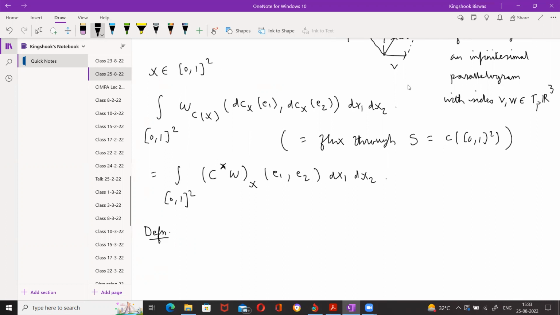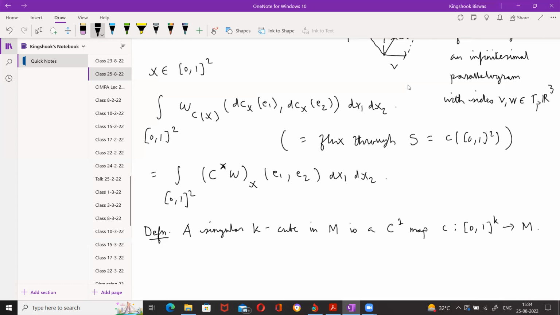A C1 curve is a C1 map from the interval [0,1] into my manifold M. Similarly, a singular k-cube in M is a C1 map c from the unit cube [0,1]^k into M. I can take it to be smooth, but I just need a C1 map.